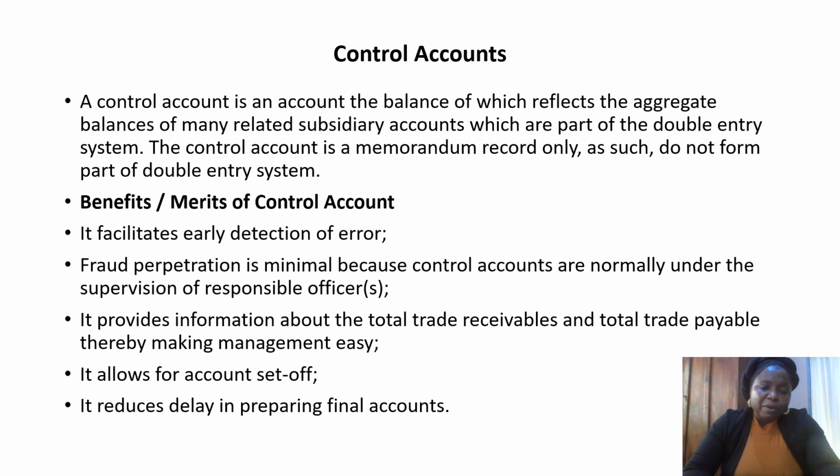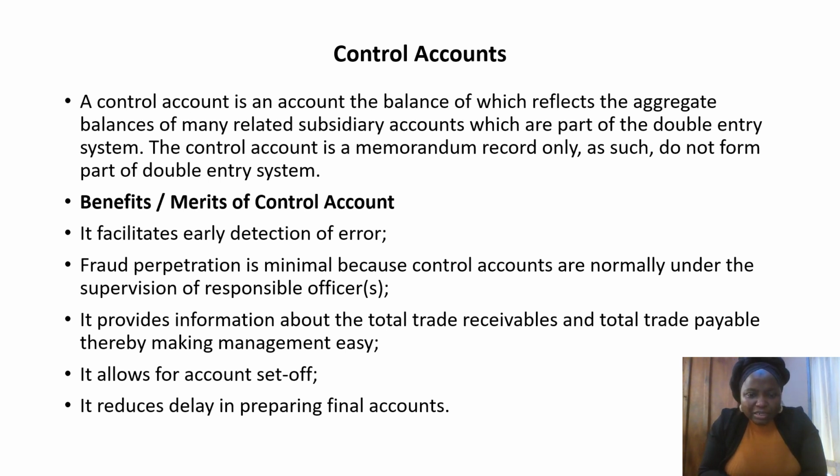Then fraud perpetration is equally minimal. When there is a control account in place, the chances of perpetrating fraud, of taking advantage of what does not belong to one in an organization, will be reduced, because a control account is usually put under the care of a supervisor, particularly people with impeccable characters.